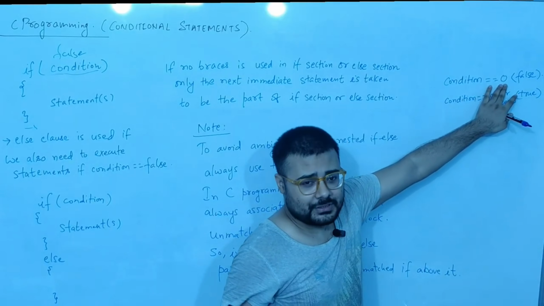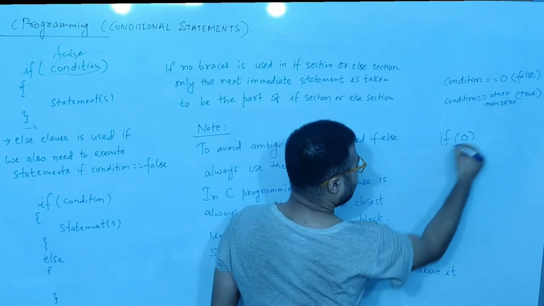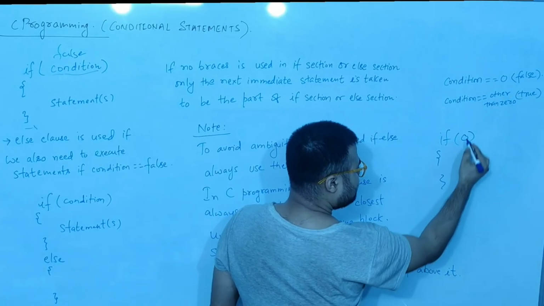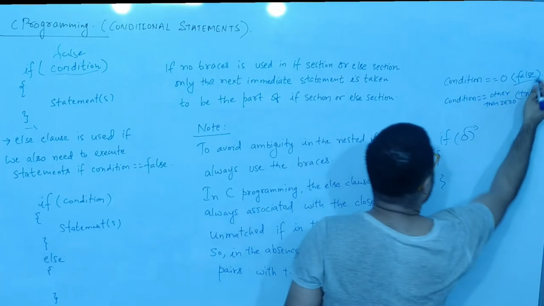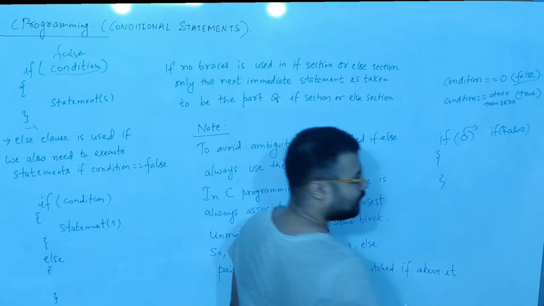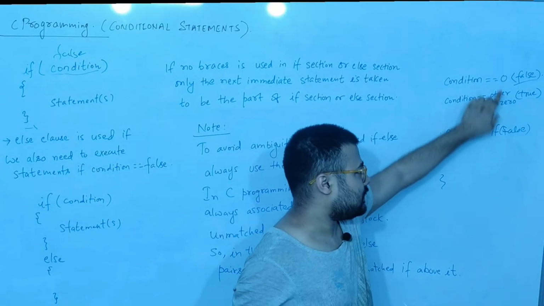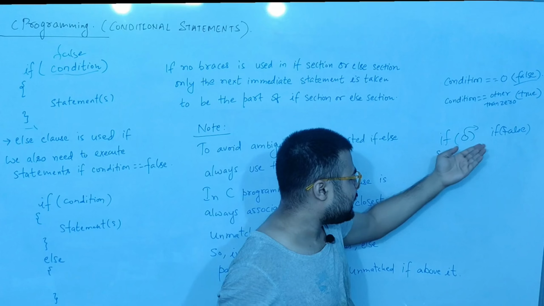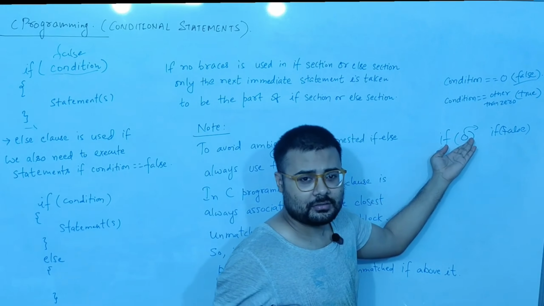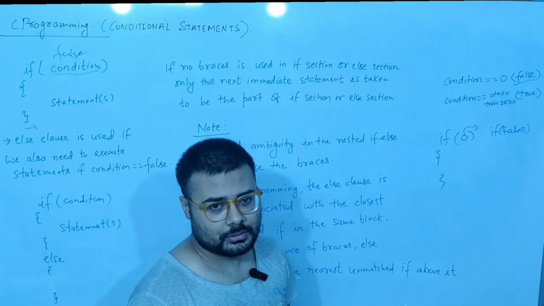If you give 0 here, if you give if 0, then this will be assumed as if false. Other than zero, anything that you write here will be considered as true.